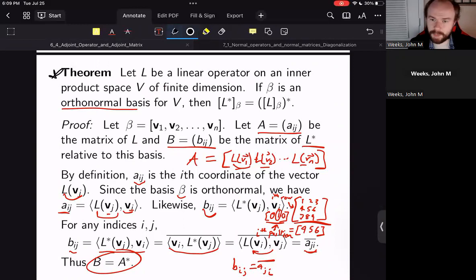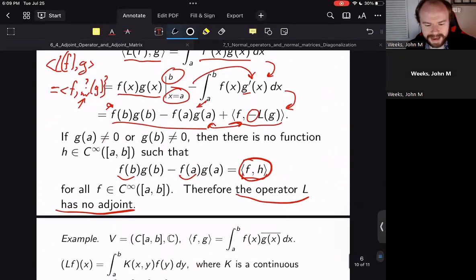If you have a linear operator and you look at an orthonormal basis for V, and you transform both L and L* into their matrices for those respective operators, then the matrix of L* is the same as the adjoint of the matrix of L. Here you have a matrix of L and you take its adjoint just like you're used to. And here, this is the adjoint operator of L and its associated matrix. These two things are thought of as equal. So now let's go back to where we are over here.